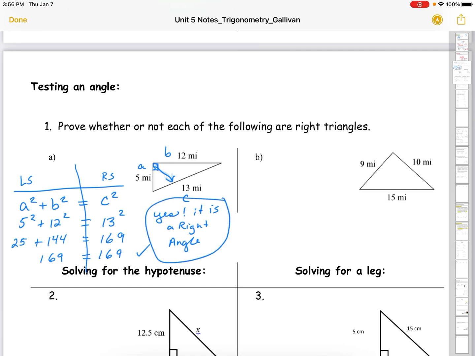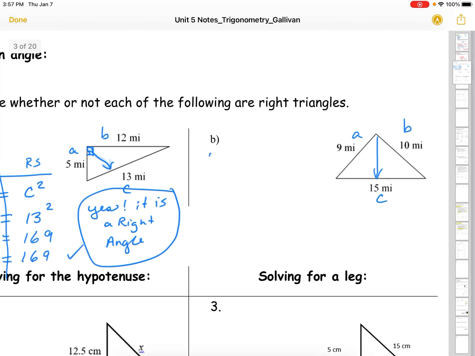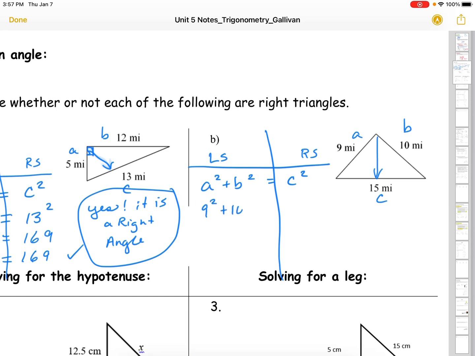Let's check the other one. Remember, the hypotenuse is always the longest side. So what we're checking is whether that's a right angle. This would be C, this would be A, and this would be B. We're going to set up a left side and a right side. So A squared plus B squared is equal to C squared. So 9 squared plus 10 squared equals 15 squared.